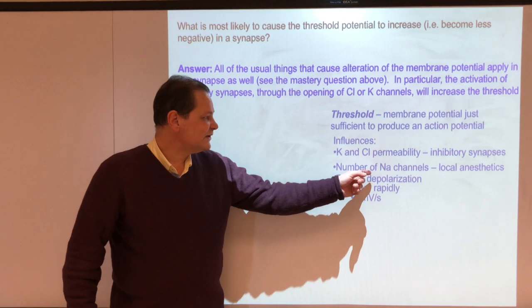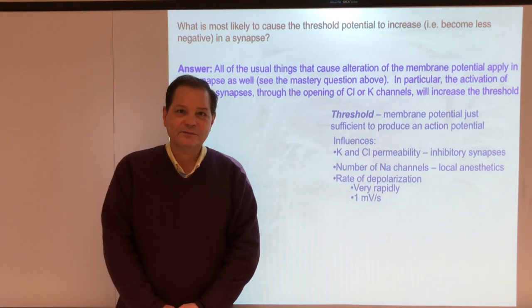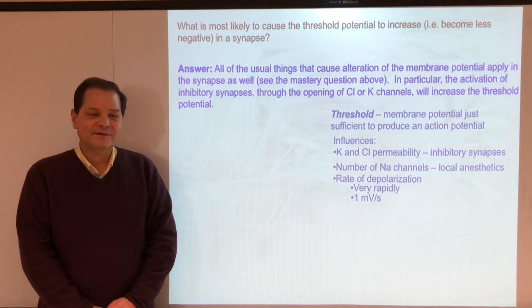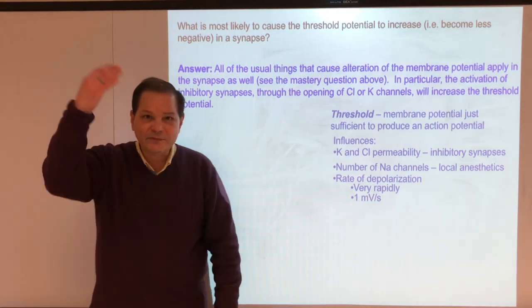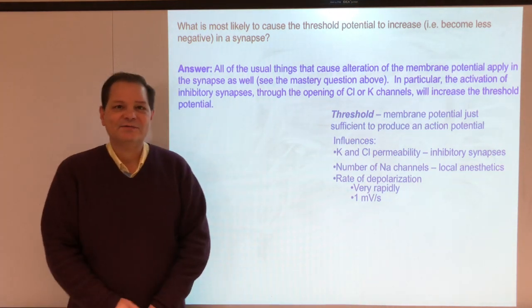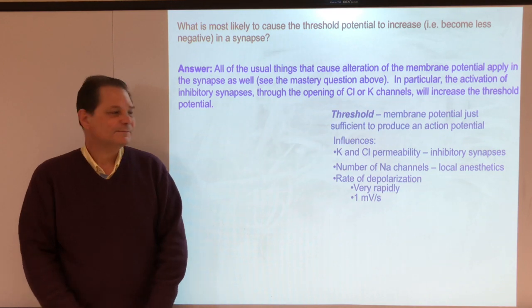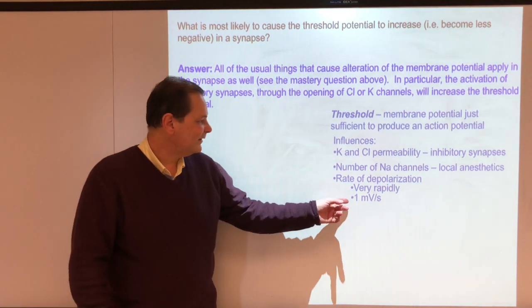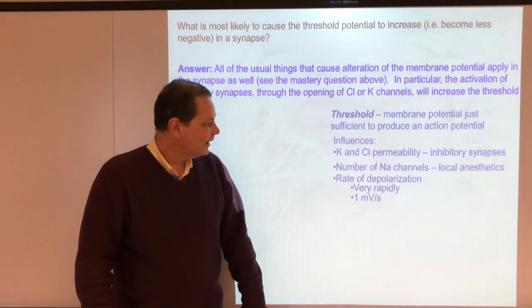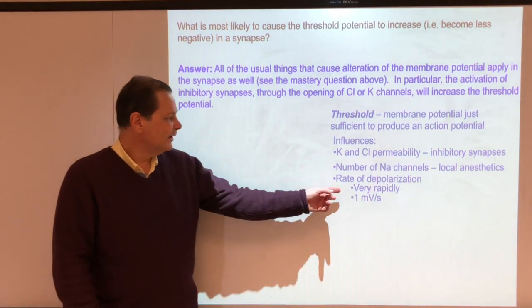You can change the number of sodium channels. For instance, local anesthetics typically block sodium channels. That effectively reduces the number. And so what you have to do is open a higher percentage of what's left in order to get an action potential to fire, which means you have to get to a higher voltage. And once again, the rate of depolarization also affects this.